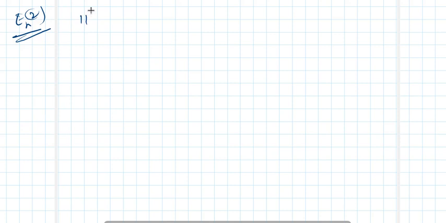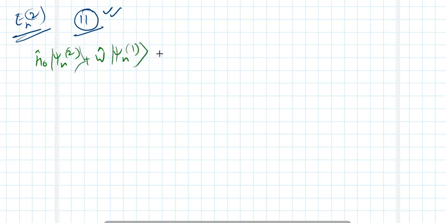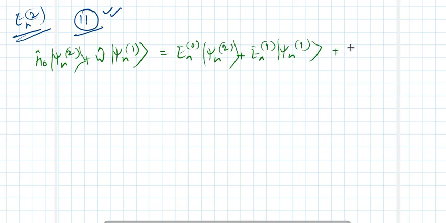Now for this, consider equation number 11, and equation number 11 is H psi n2 plus W psi n1 must be equal to En0 psi n2 plus En1 psi n1 plus En2 phi n. Operating both sides with phi n, we have to operate with it.